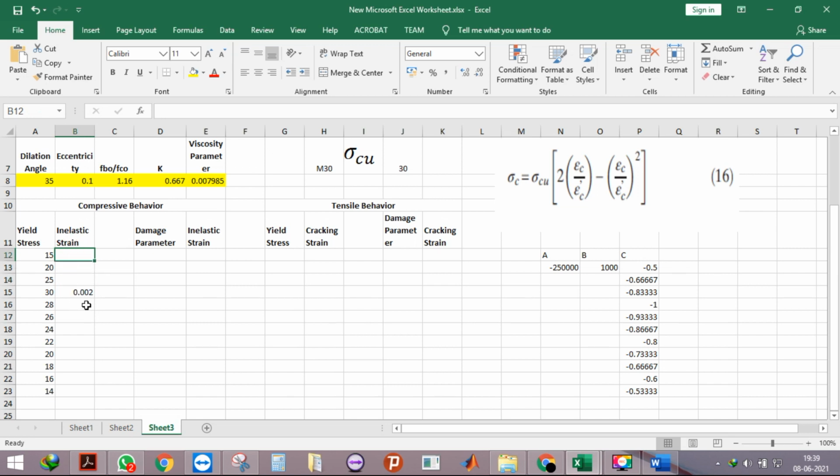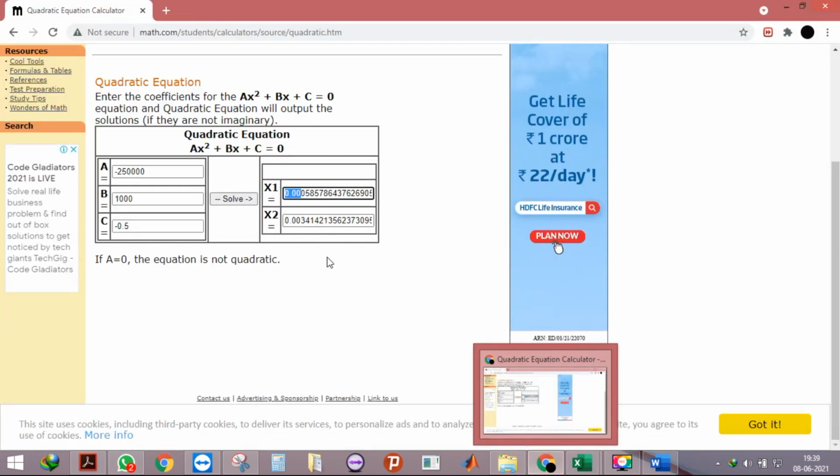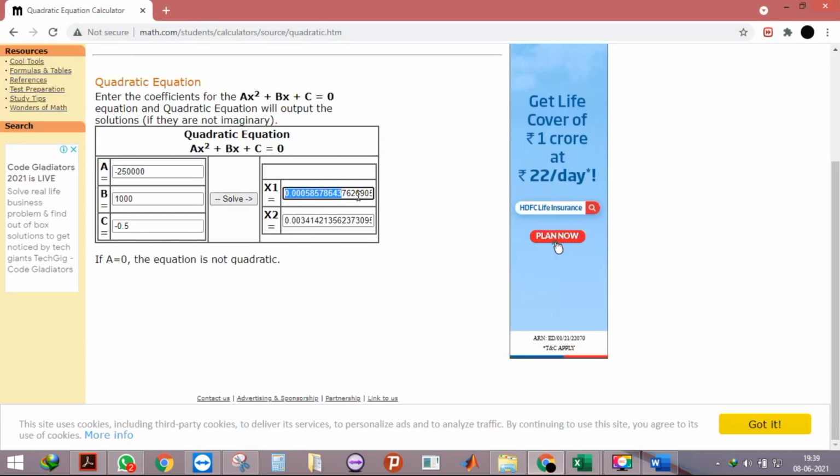So over here we need only one root, which will be less than 0.002. These strains are total strain, not elastic strain. I'll change the name. Just copy this strain.